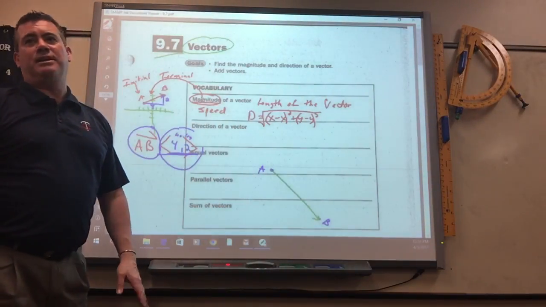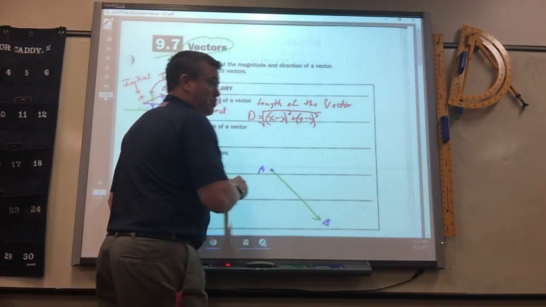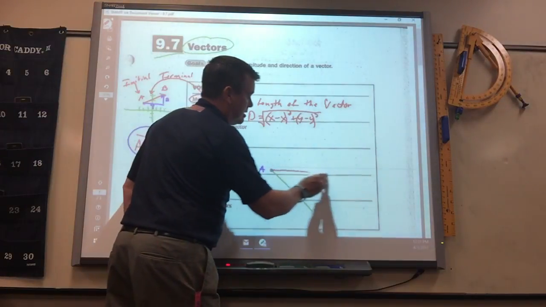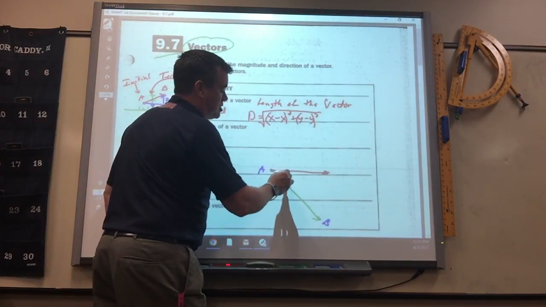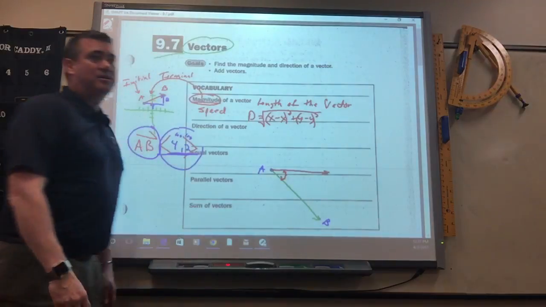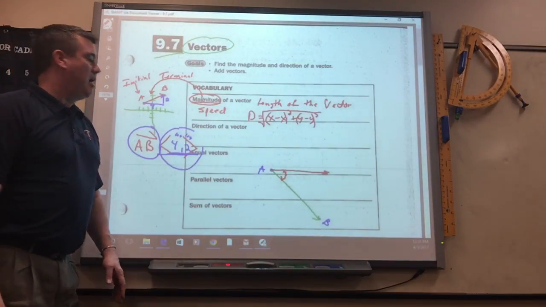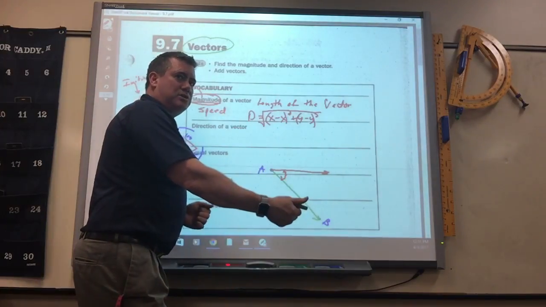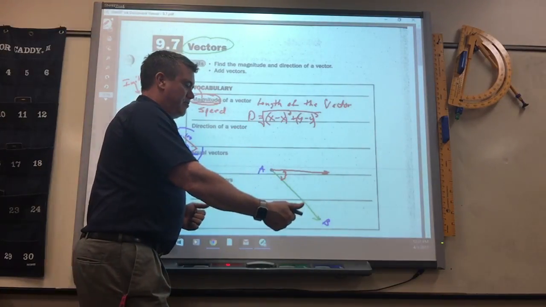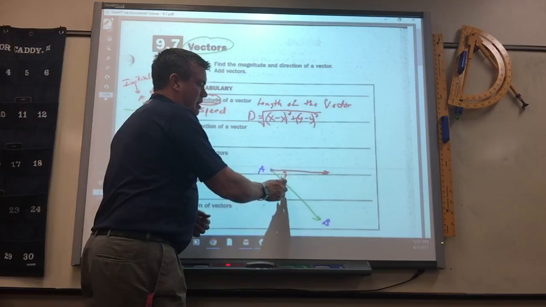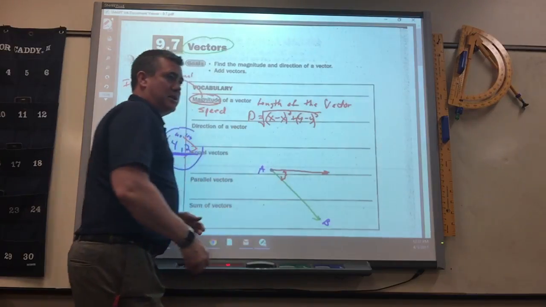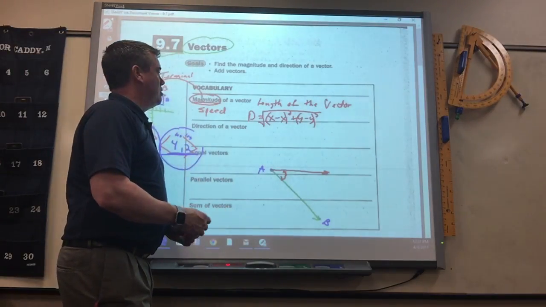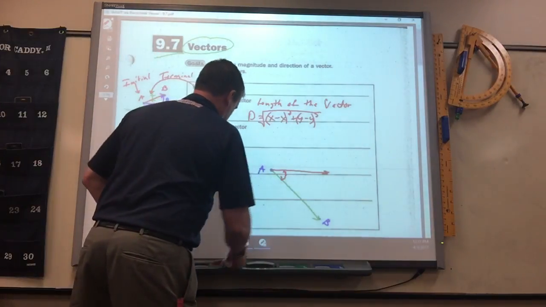The direction is the angle you take formed with the horizon. The horizon is straight out, so this would be the angle taken. And then it's also going down, which is south, and to the right, which is east. So you'd find what this angle is, and then it'd be southeast. But again, we'll do that tomorrow. Today, we're just gonna do the magnitude.